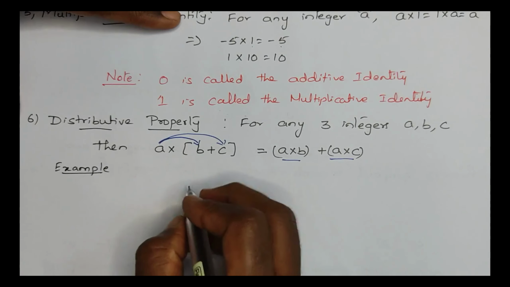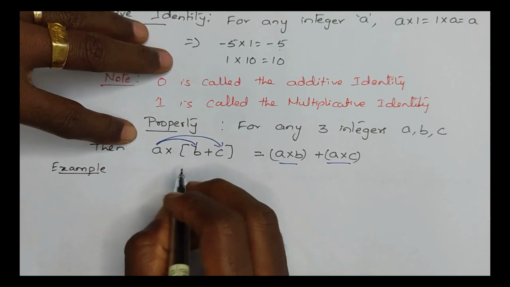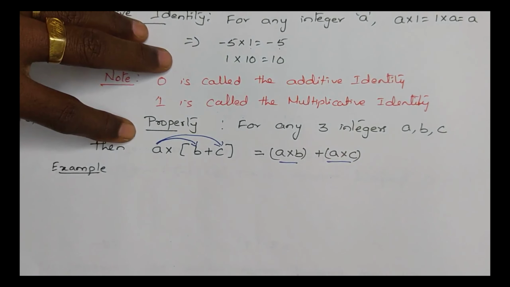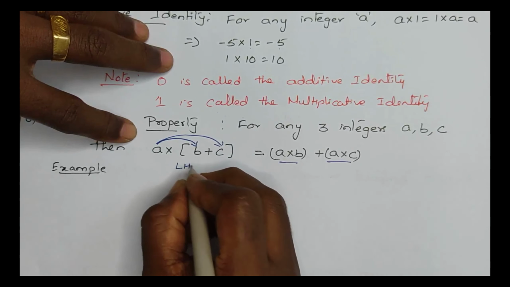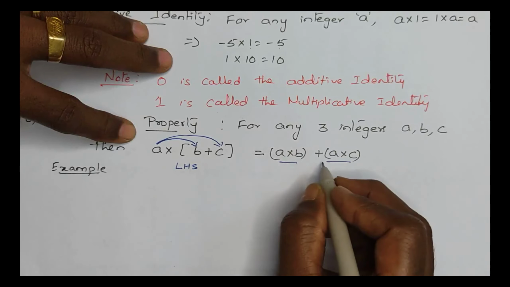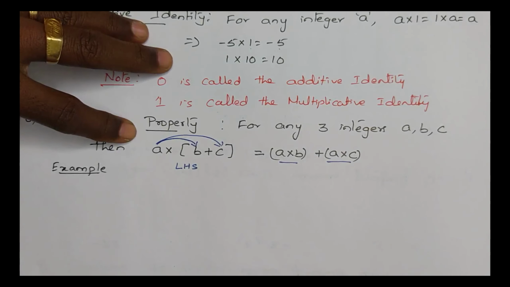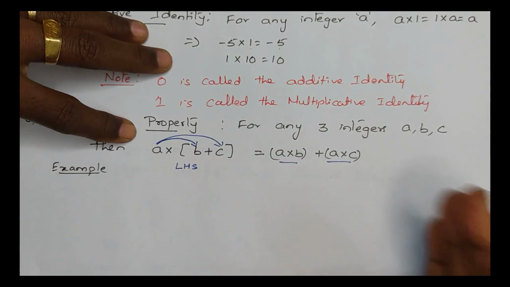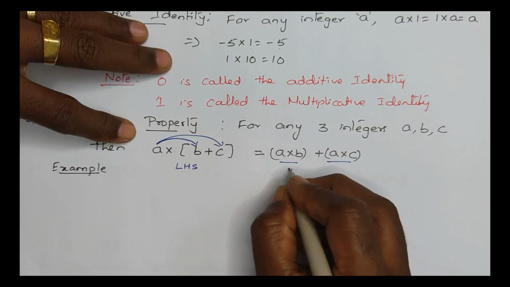So let us give some values. The part on this side of the equation is called the LHS. What is the meaning of LHS? LHS is the left hand side of the equation. The equals symbol, just imagine it as your body, and there is a side on either side. And this right hand side is the RHS.